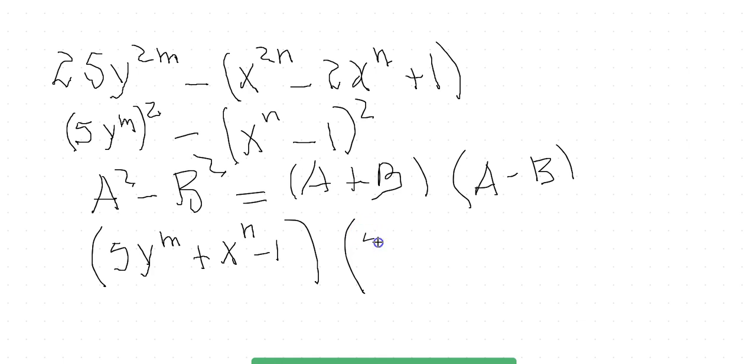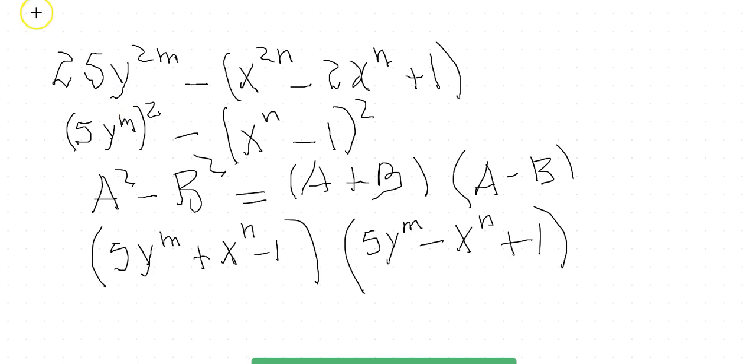It's going to be 5y to the power of m minus b, which means minus x to the n minus, and minus a minus 1 is going to give me plus 1. There it is. I got my factorizations.